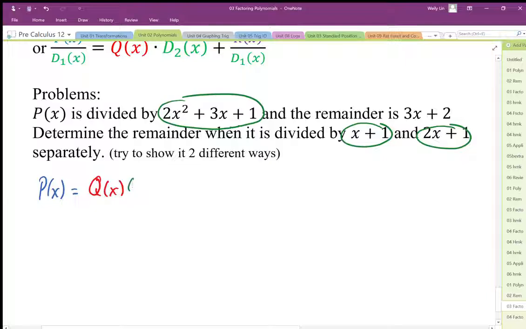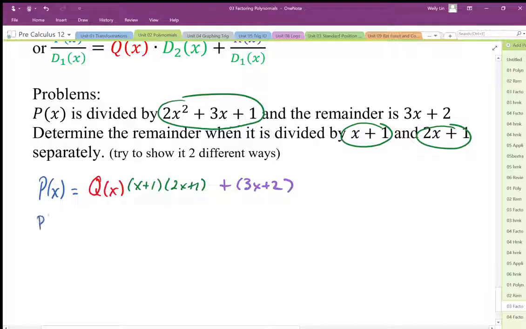So I'm going to write it like this: x plus 1, 2x plus 1, and then plus the remainder, which is 3x plus 2. So how do I solve this problem? How do I know the remainder when I divide by just x plus 1 and just 2x plus 1? Well, in fact, we can use the remainder theorem.